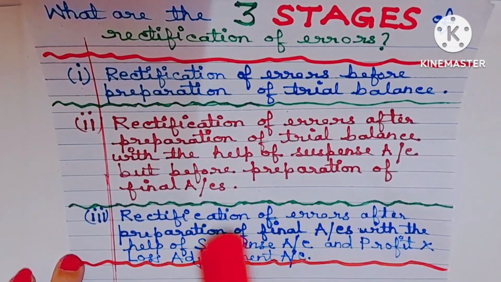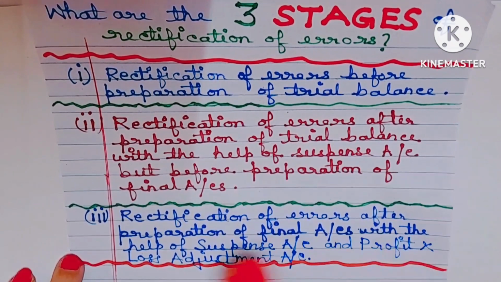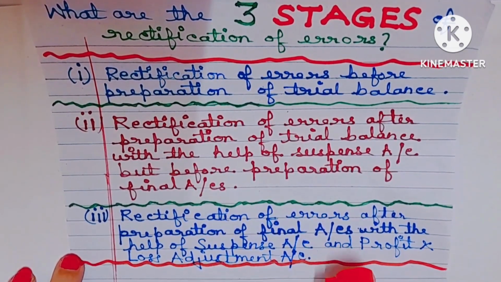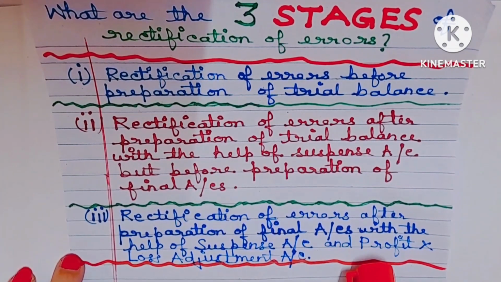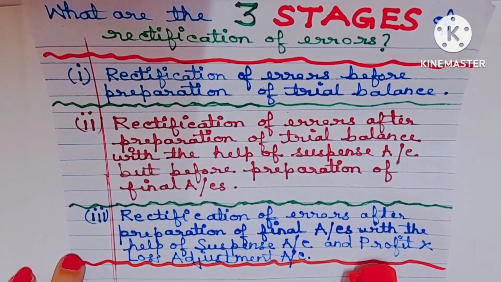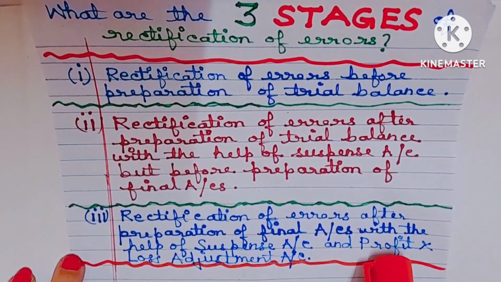In case of rectification of errors after preparation of final accounts, in case of two-sided error, as final account is prepared, all nominal accounts are closed by transferring to trading and profit and loss account. Real and personal accounts are carried forward in the next accounting year.